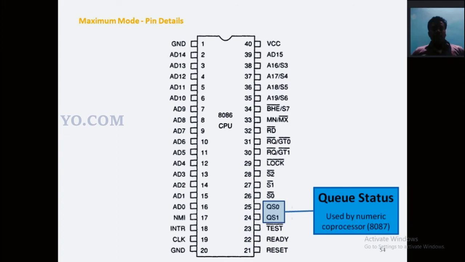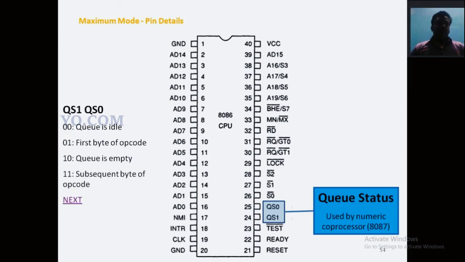The second part of unit 2 is multiprocessor, and one of its topics is the coprocessor, the 8087. The coprocessor uses the queue status signals QS1 and QS0, which indicate the status of the queue present in the 8086 bus interface unit, whether the queue is full or empty. 00 means queue is idle, 01 means first byte of code is loaded into queue, 10 means queue is empty, and 11 means subsequent byte of code is present in queue.